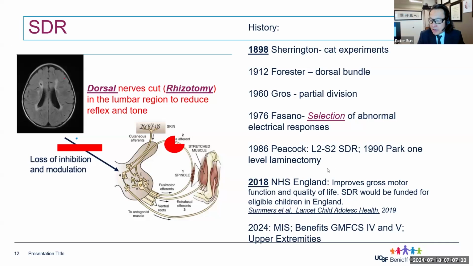Dr. Peacock popularized this treatment in North America in the 80s and 90s, and Dr. Park refined it to a one-level laminectomy as opposed to a 5-level or 4-level laminectomy. And I find it interesting that exactly 120 years after Sherrington worked out the reflexes, in 2018, the National Health Services in England concluded that SDR improves gross motor function and quality of life and would be funded.